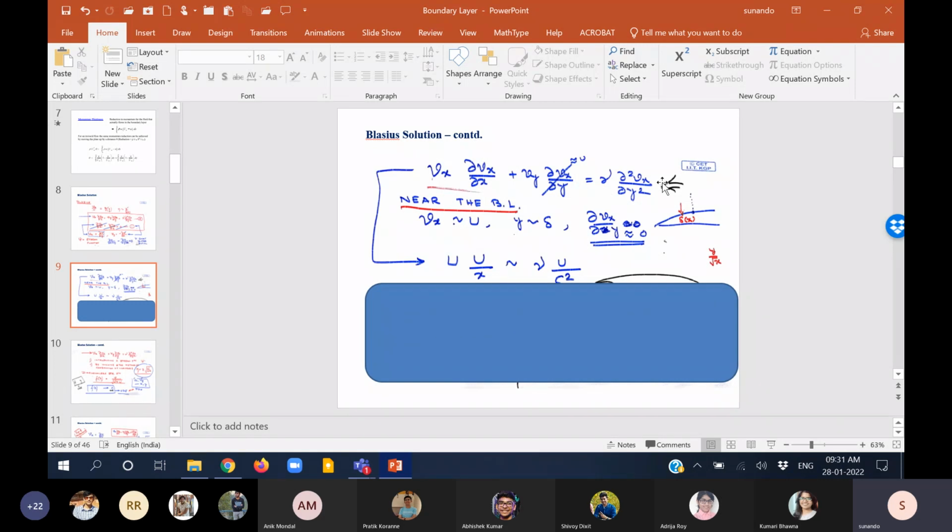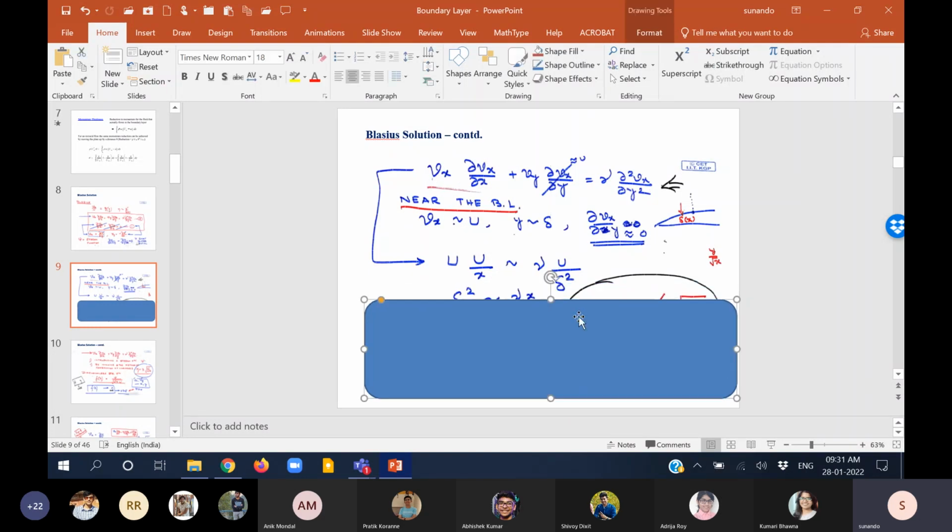Near the edge of the boundary layer, this term will vanish, and this is going to have an order of this, whereas the right hand side will have the order of nu, where nu is the kinematic viscosity, and del square Vx by del y square would simply be of order u by delta square. The purpose of this analysis is to get a relation between x and delta.